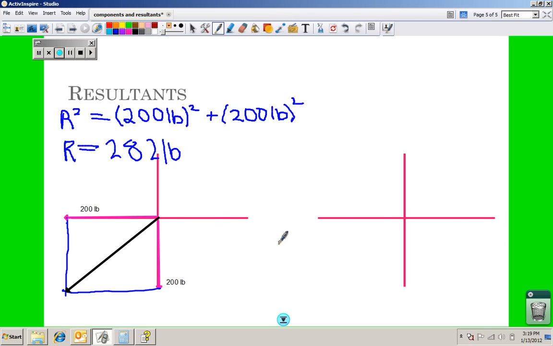Alright, so now we also need to find the angle. Okay, so we use our tangent relationship, which is 200 divided by 200.